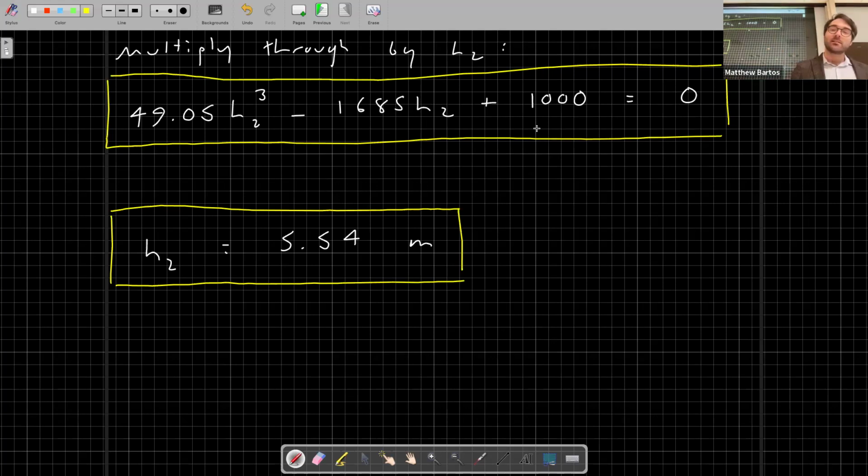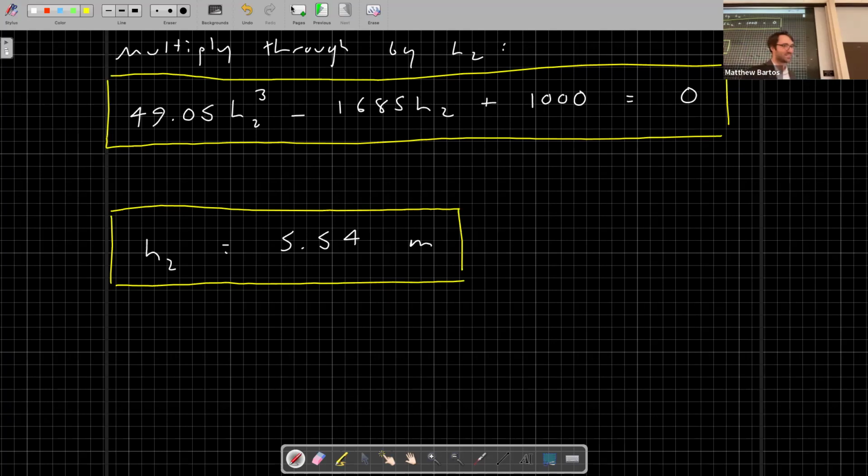All right. So my next question for you is, there's probably a lot of energy loss in this jump, given how much the depth increases. How can we go about computing the energy loss through our hydraulic jump? Don't be afraid.